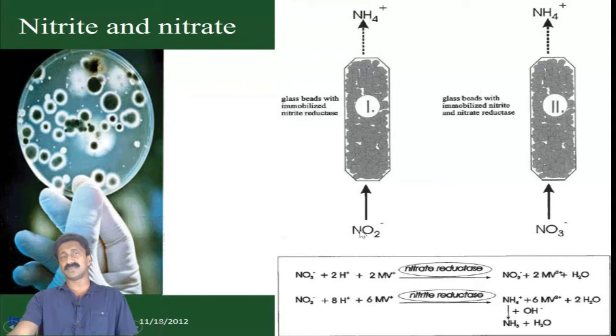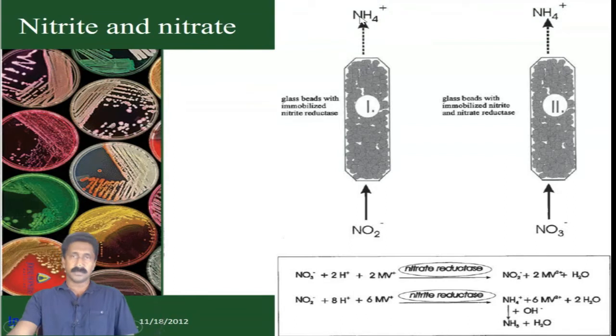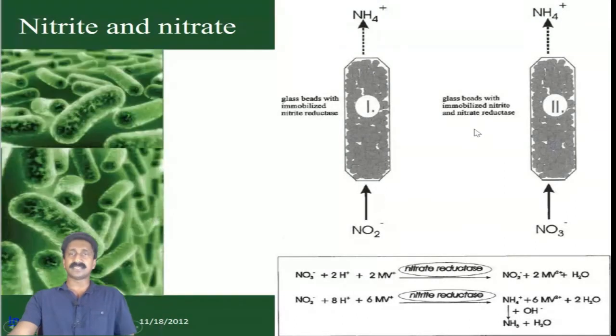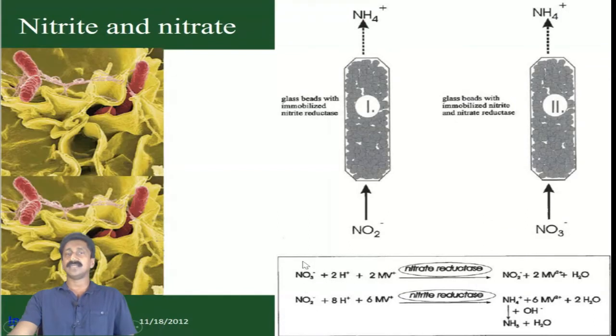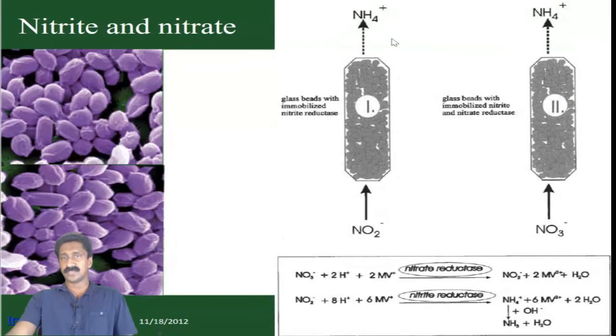So the nitrite will be converted by the nitrite reductase, that is the second step, to ammonia. But when the pollutant or analyte that needs to be detected is nitrate, it needs initially to be converted to nitrite, then the final conversion to ammonia from nitrite needs to be done.